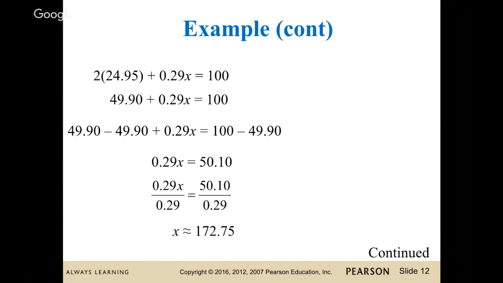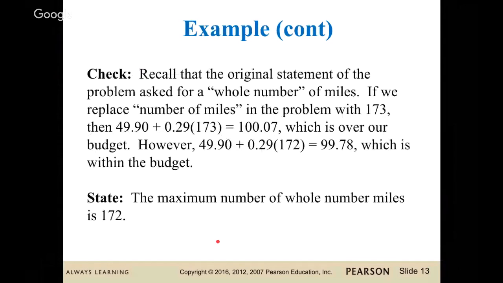All right, don't make the mistake of rounding this number up because it's 172.7. You only have $100. If you drive 173 miles, you won't have enough money to pay for the rental. So you would actually stop at the 172 miles, not at the 173.